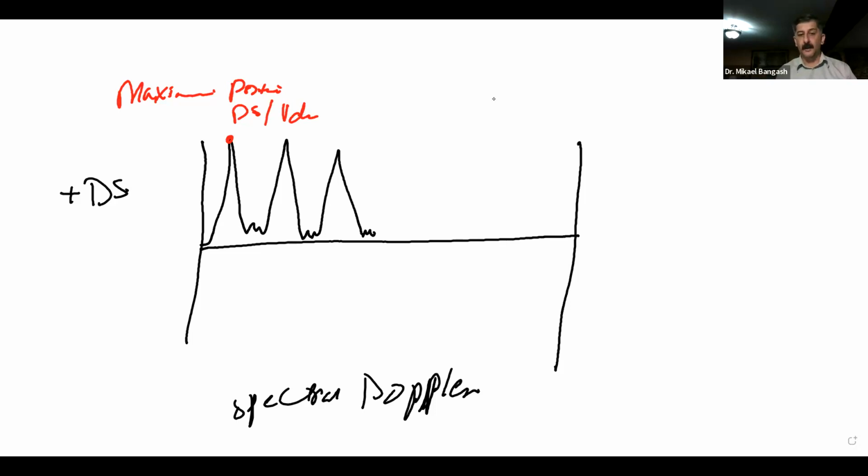Whereas this part of the graph here, for instance, in this case is going to be the minimum, and this here, it's positive, that's Doppler shift or velocity.